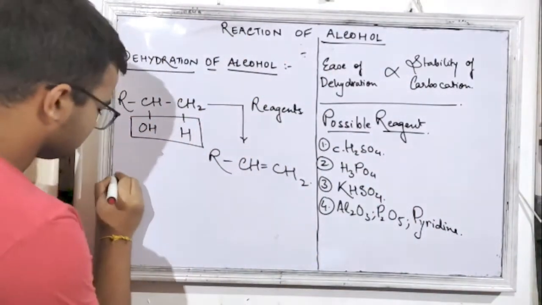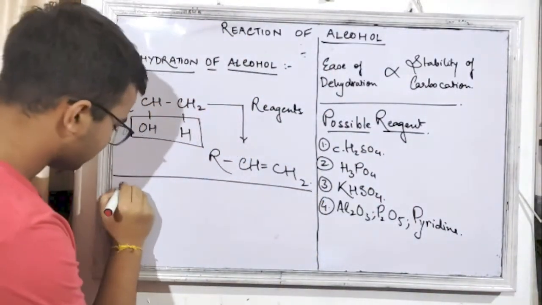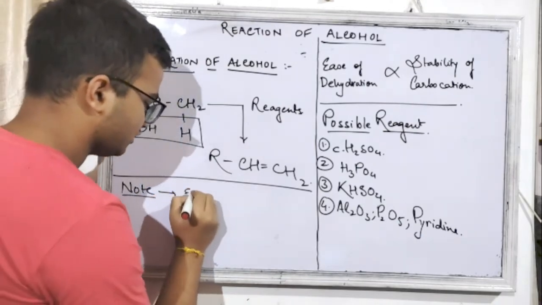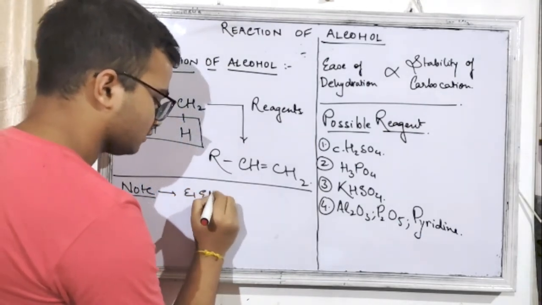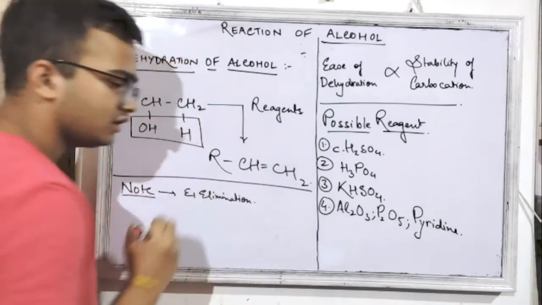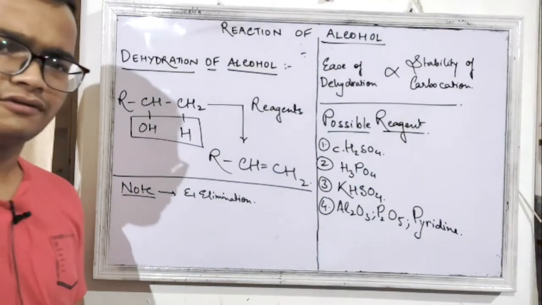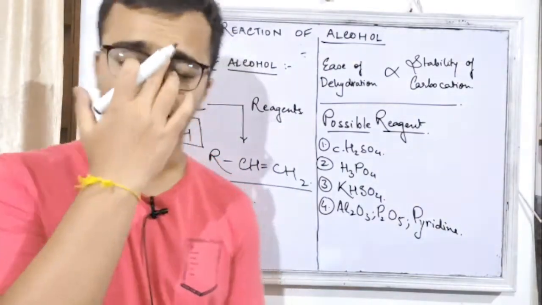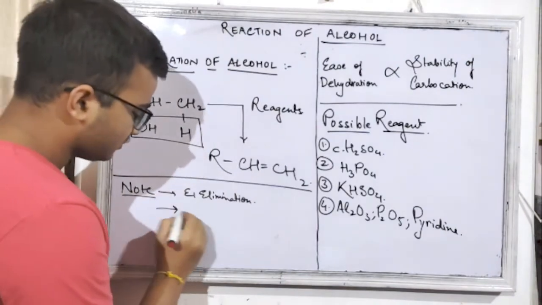Now you have to write some notes in this category. Write the notes below this one. The type of elimination which occurs here is E1 elimination. You have already studied E1 elimination. And the Saytzeff rule is followed here. For the right product, or the major product, we follow the Saytzeff rule. To understand this, we will follow an example after this.